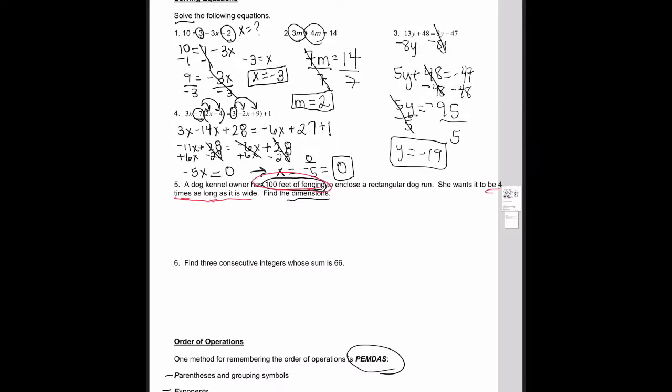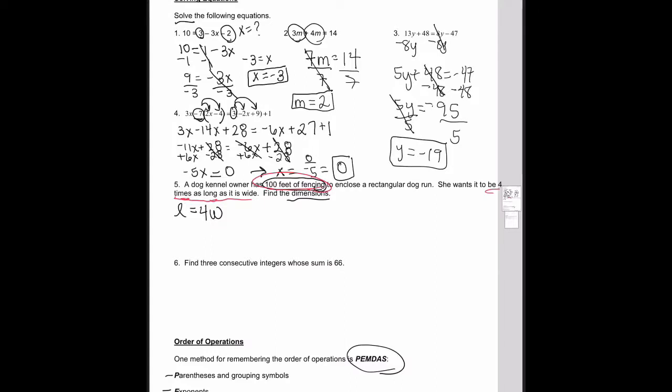So when we read that, she's saying she wants the length to be 4 times as long as the width, okay? So if we take our width and multiply it by 4, that should be equal to the length. So the length is equal to 4 times the width.